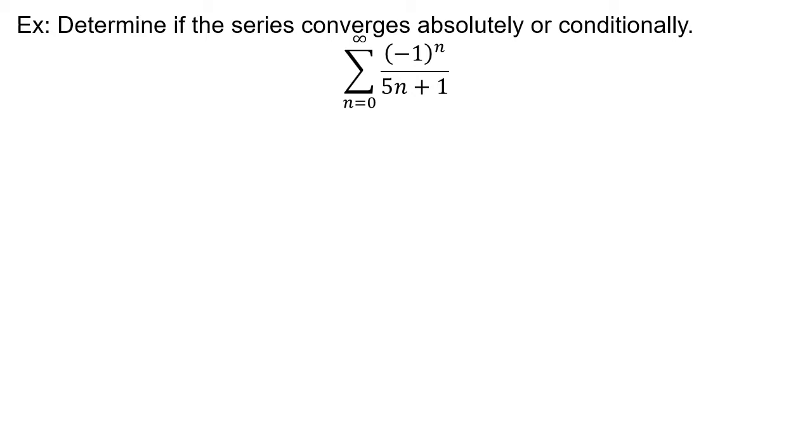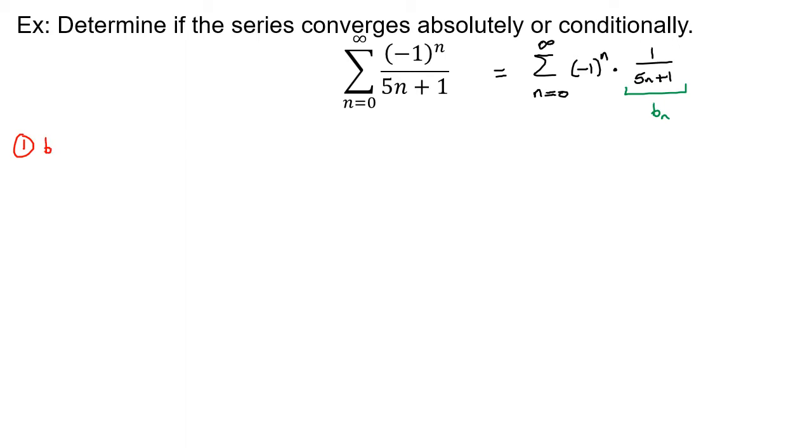Let's start with the conditionally convergent part. That would be your alternating series test, basically. Just like we did in the last section, this is the same thing as -1 to the n times 1 over 5n plus 1. The 1 over 5n plus 1 would be your b sub n, and we would test that.